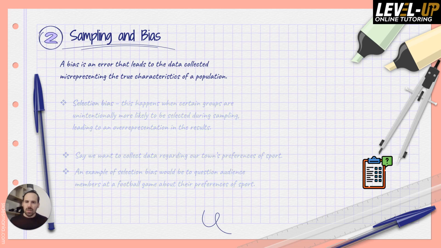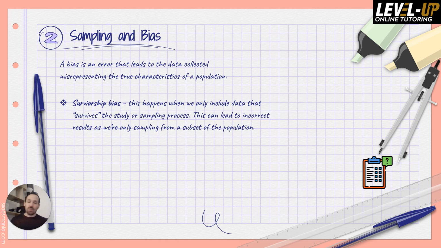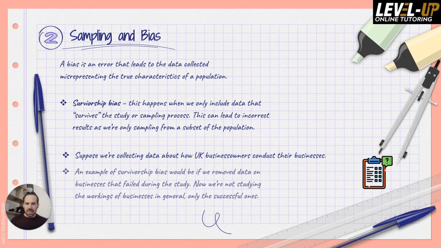Another one would be, say, survivorship bias. This happens when we only include data that survives the study or the sampling process. It can lead to incorrect results because we're missing data points that we might not have been aware of. So suppose we're collecting data about UK business owners and how they conduct their businesses. We want to study how businesses in general are conducted in the UK.